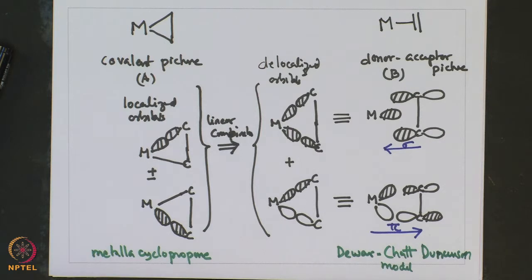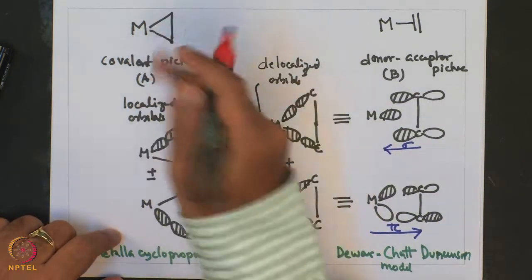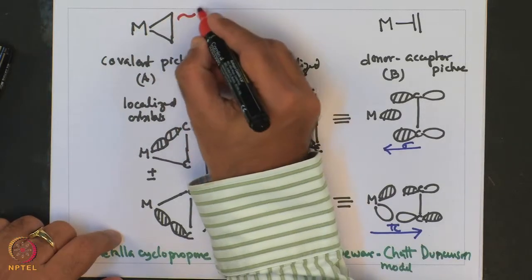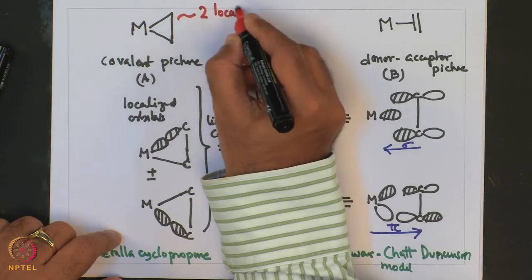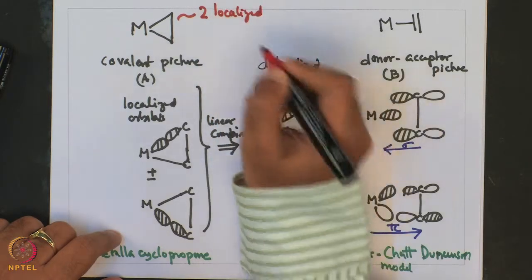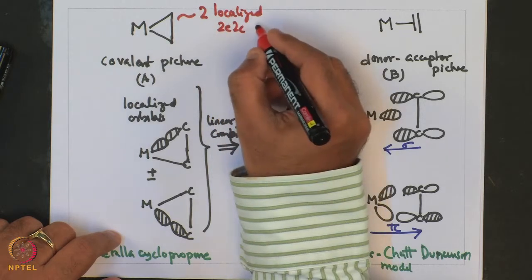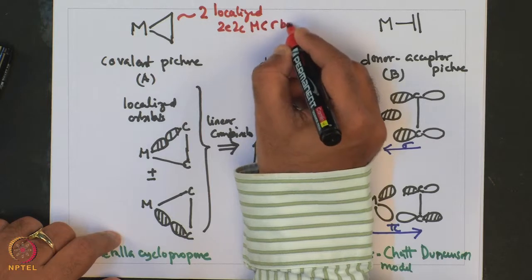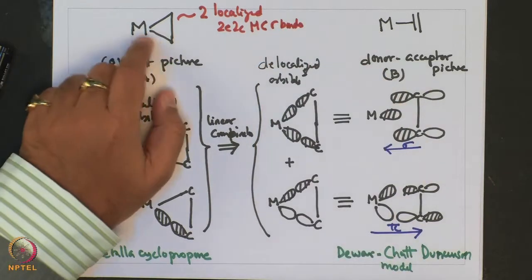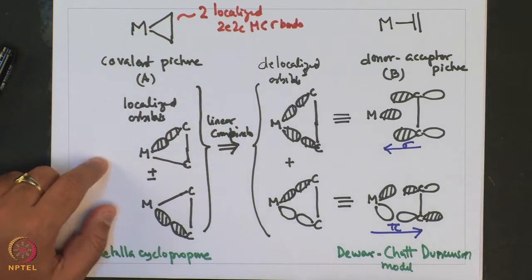Now, let us look at these two interactions. The metallocyclo intermediate contains two localized 2 electron 2 center metal carbon sigma bonds. So, these are classical metal carbon sigma bonds of the 2C 2E type.